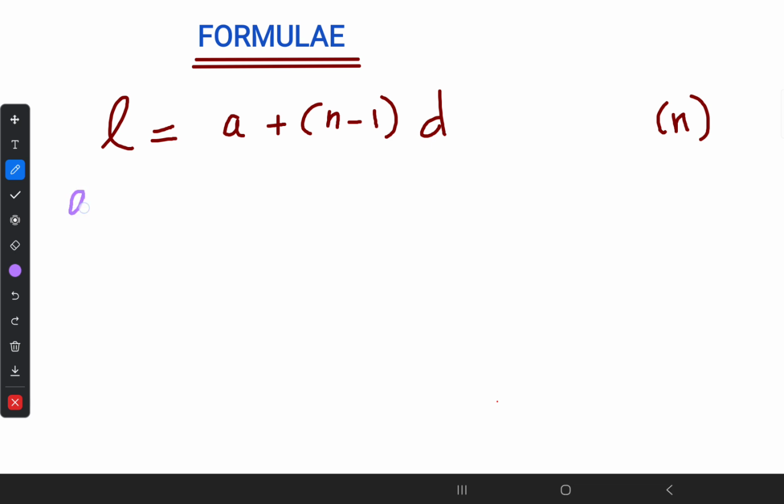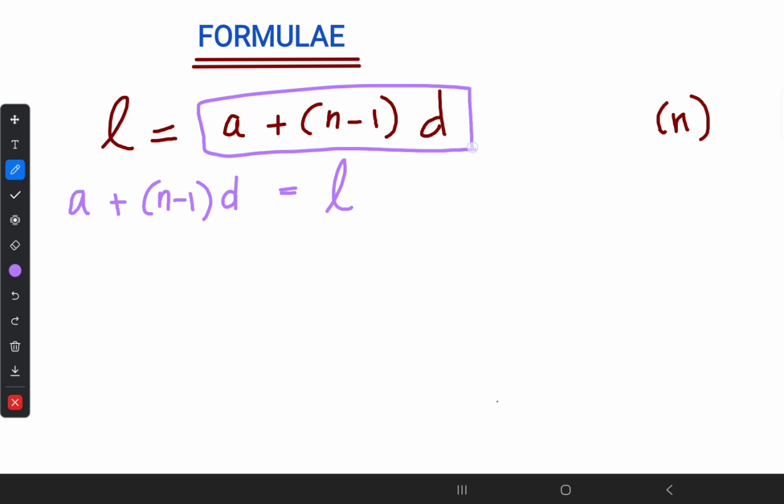I'm just going to write A plus N minus 1 times D equals L, because the constant which we need to make the subject is located on the right hand side. It is a little complex to do the operation to the next side, so we are familiar with left hand side to right hand side conversion. That's why I just change the order.